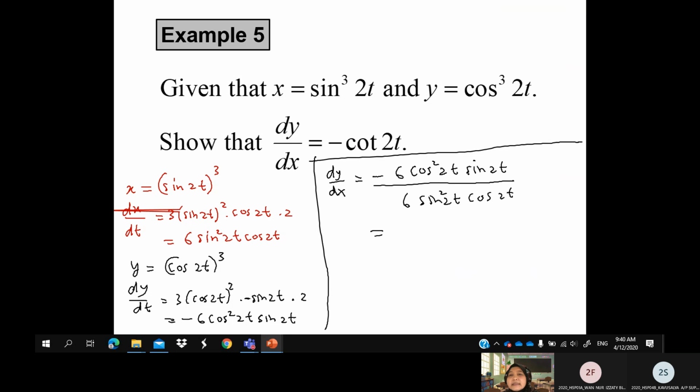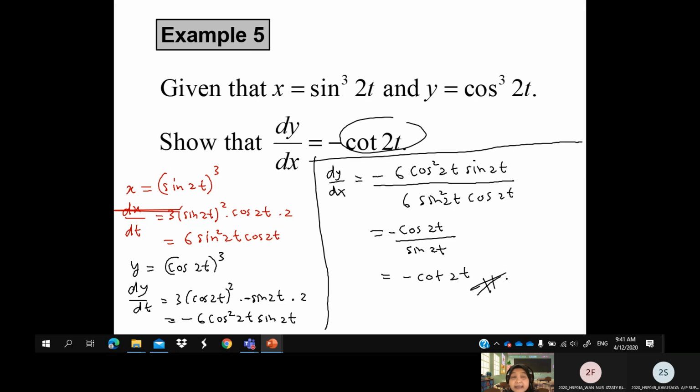Simplify and cancel, you get negative cos 2t over sin 2t. Our aim is to get cot. Cot is 1 over tan, so this is negative cot 2t. Shown. Settled.